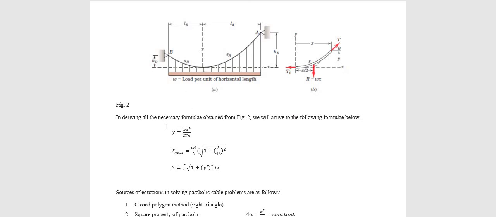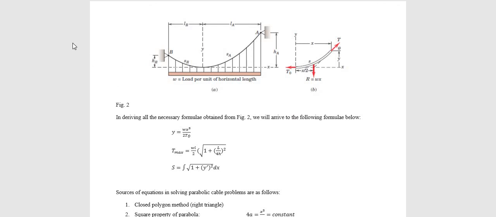Again, the lowest point has the smallest tension. Meaning, if we analyze the problem in figure 2, the smallest tension is at the lowest point of the cable. But the weight acts on the center of the loading, not on the cable.